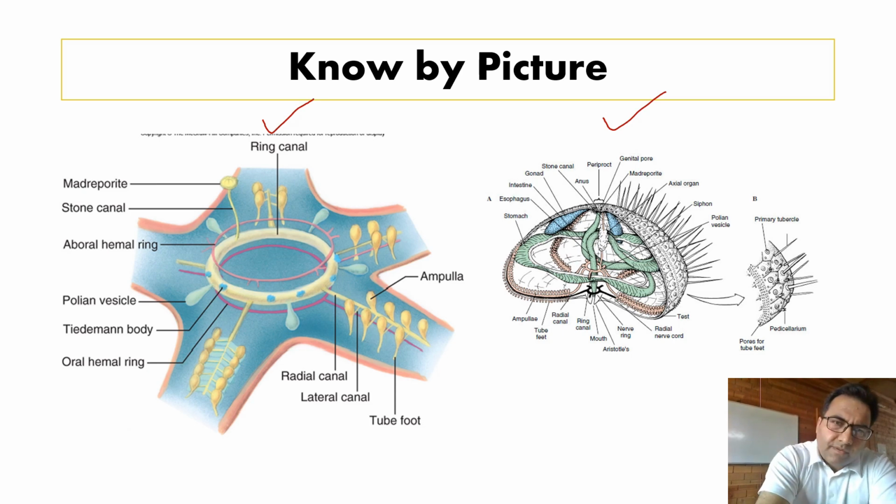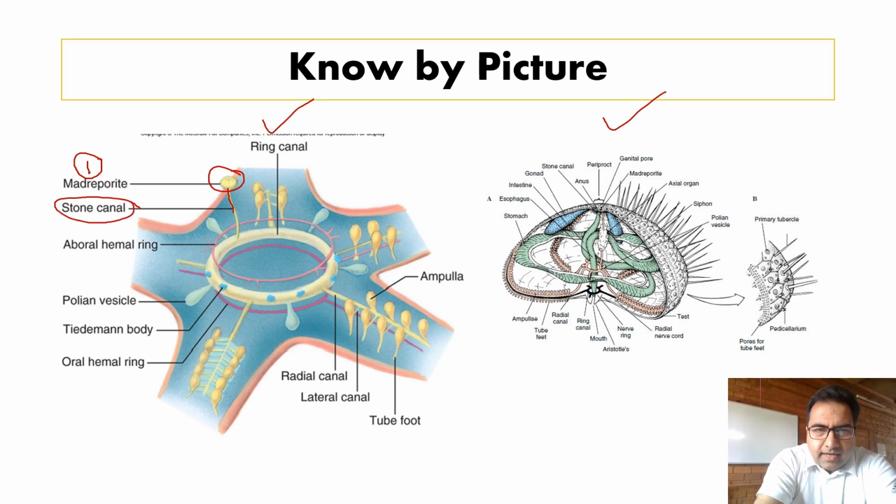Now it starts from the madreporite. It leads to the stone canal, number one. You have to keep in mind that it is the madreporite. Then it leads to the stone canal. The stone canal leads to the ring canal.